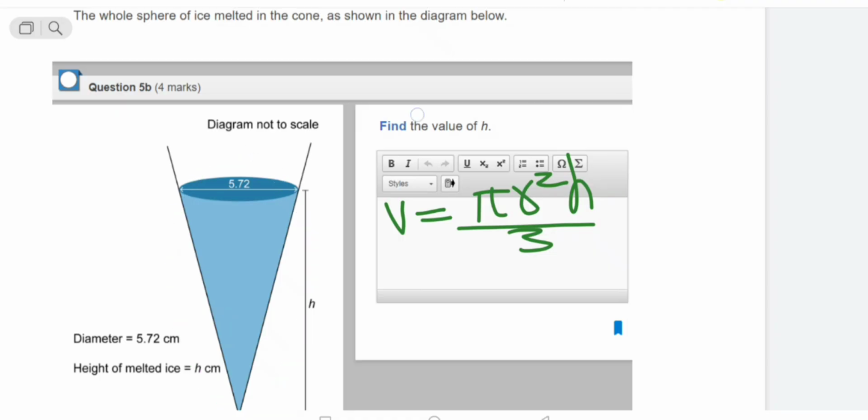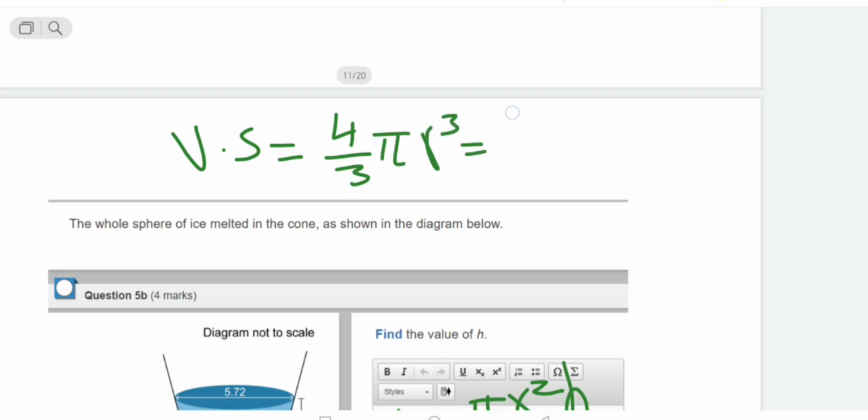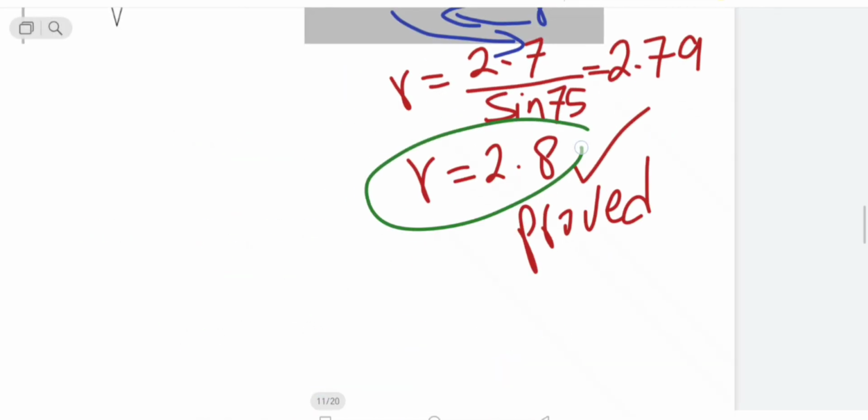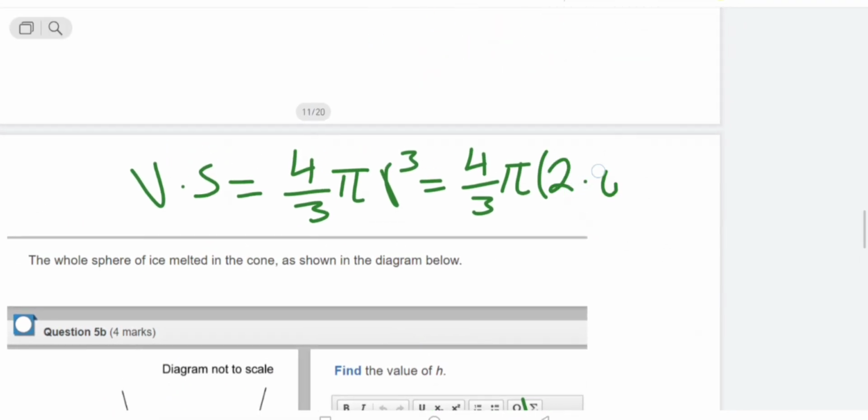So what is the volume of the sphere? The formula is 4 over 3 pi r cube. What is r? This is r, the radius of the sphere, 2.8. 2.8 cube. Substitute this in the calculator and we will get the volume.